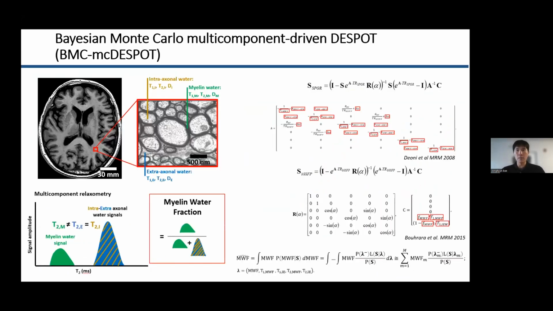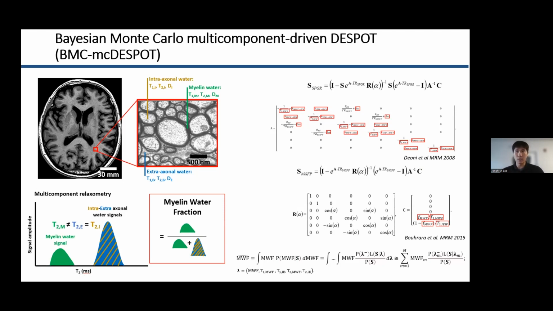Among these changes, our lab is interested in cerebral myelination. I shared the same slide this morning, but to reiterate for those of you who missed it, our relaxometry-based technique called Bayesian multicomponent driven equilibrium single pulse observation of T1 and T2, or BMC-mcDESPOT for short, aims to measure the water content in myelin. And this multicomponent relaxometry technique is well established.